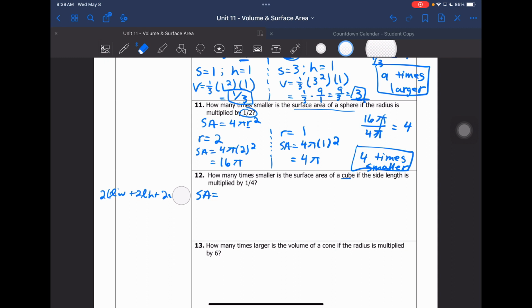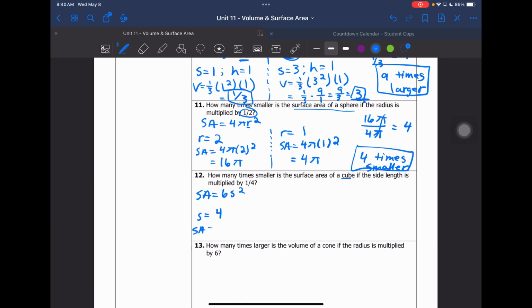That's for a rectangular prism, but when you have a cube, all the sides are the same. So one other way that we can write the formula is like this, 6x squared. So the side length is going to be multiplied by 1/4. So we want a number that when it multiplies by 1/4, it's still going to be a nice number. So the test value for our S is going to be 4.